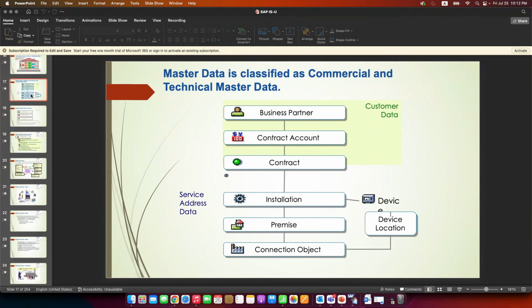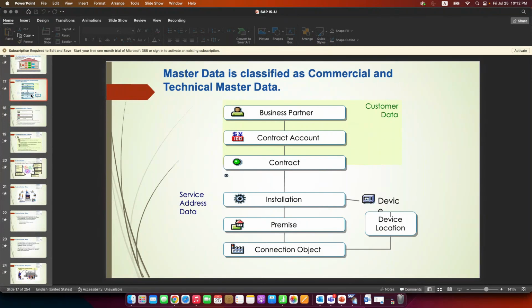The next one is your contract account. Contract account is a business agreement. Again, if you are using CRM or talking to a call center agent, they don't know what contract account is. They call it a business agreement because your CRM does not have a contract account.